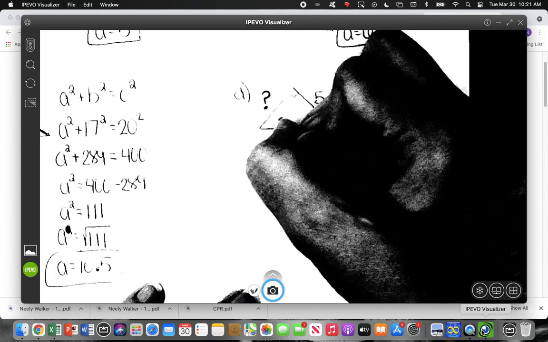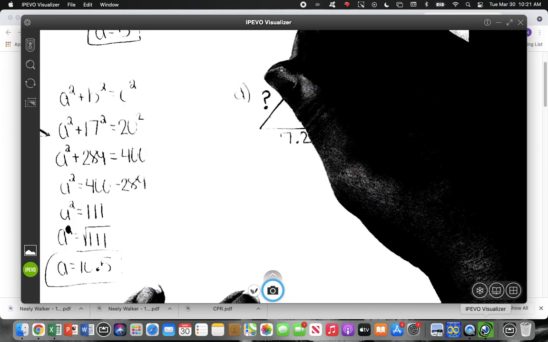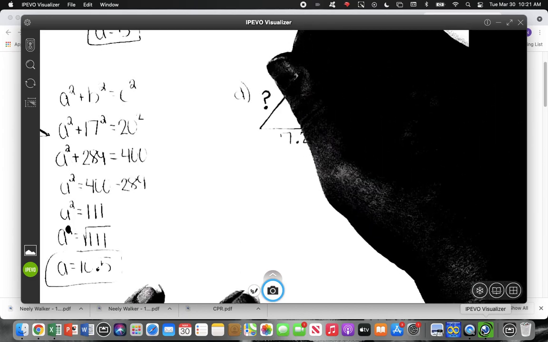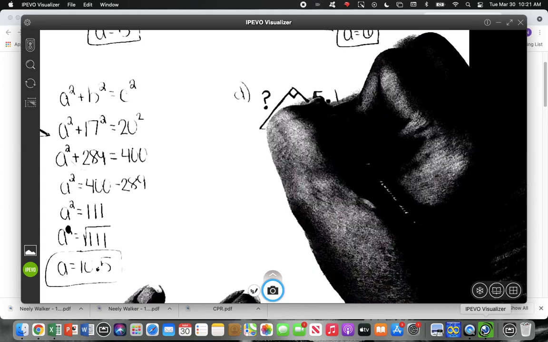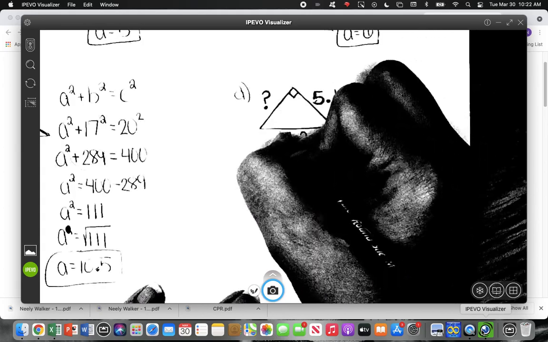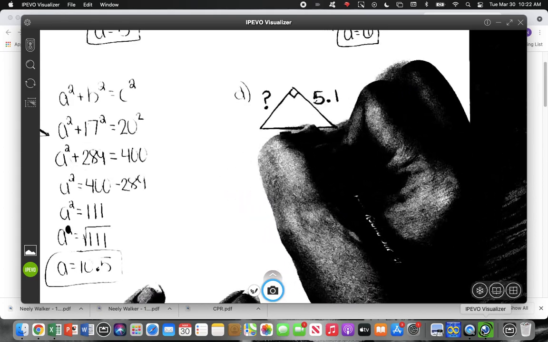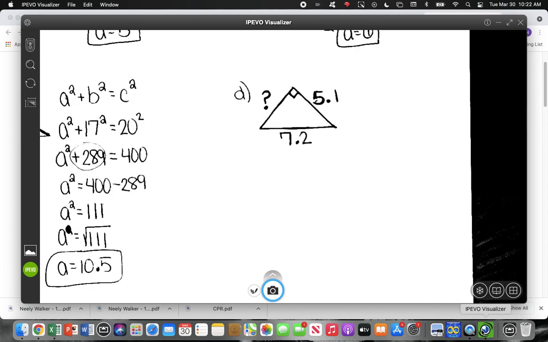I'll try to write it a little darker. Your right angle is again up here at the top. That looks a little bit better, doesn't it?